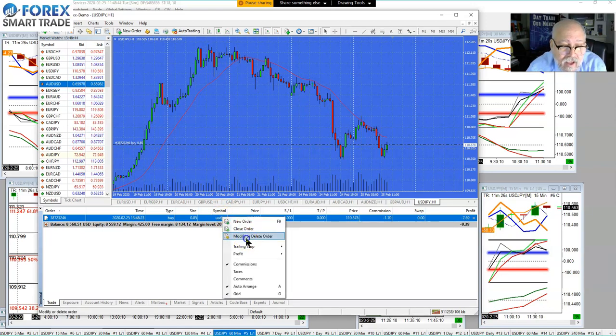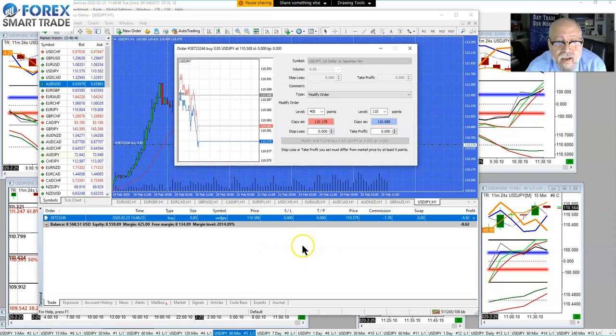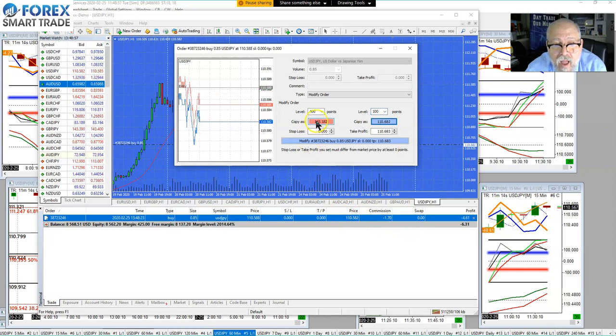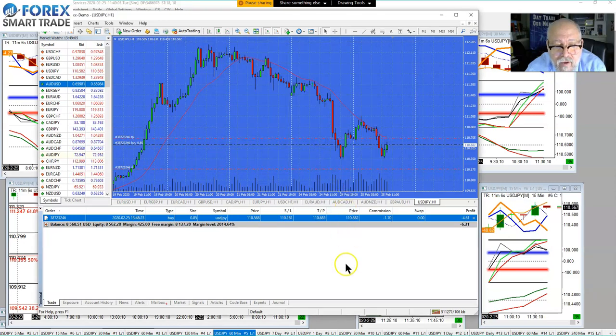I go to modify. And we said 10 pips. So 10 pips is 100. I am going to put 400 points. I'm going to go 4 times for my stop loss right now, but we're going to go back and take a look and maybe we'll modify that.